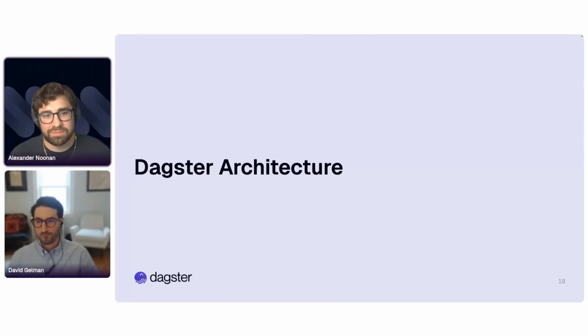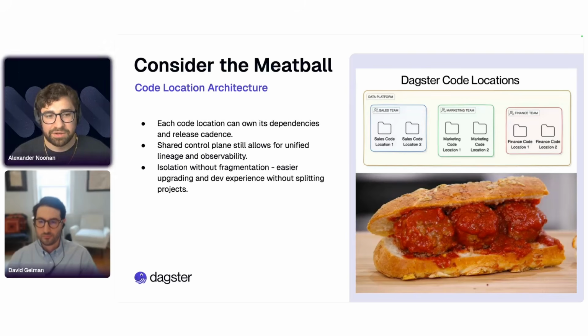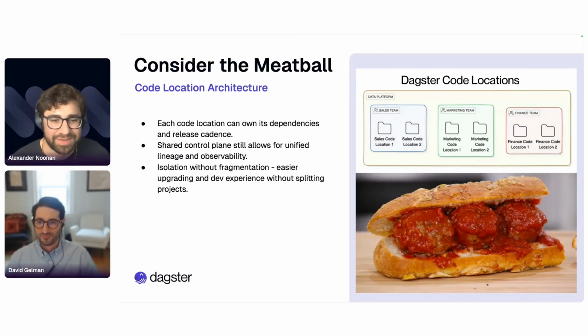And next, we're going to talk about how Dagster's unique architecture actually enables multi-tenancy. So consider the meatball. I like to joke that Dagster follows a meatball sub architecture, where you have the different code locations isolated as individual meatballs. And then your control plane is like the sauce, and your data platform is the sub.